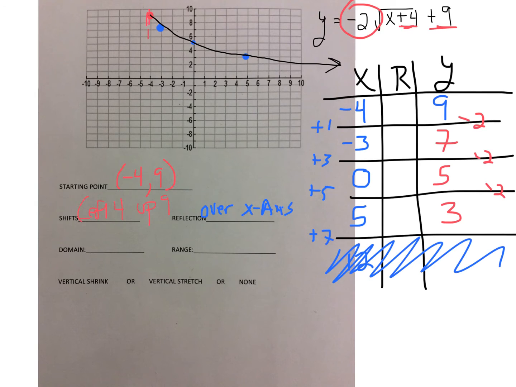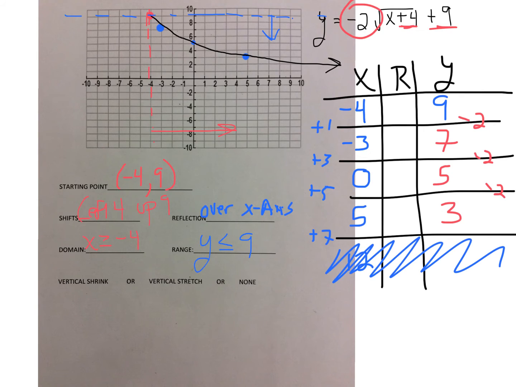My dotted line down a little bit here. And again, my x's start at -4 and go up, so x is greater than or equal to -4. My y values, okay, they start at 9 and go down, so y is going to be less than or equal to 9.